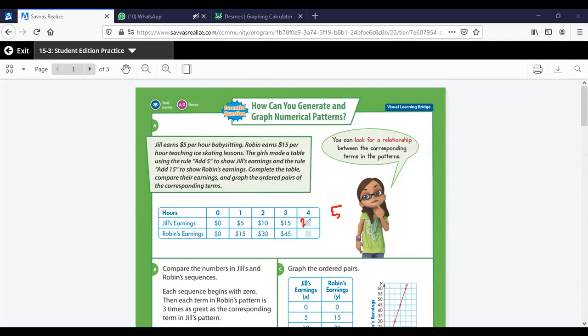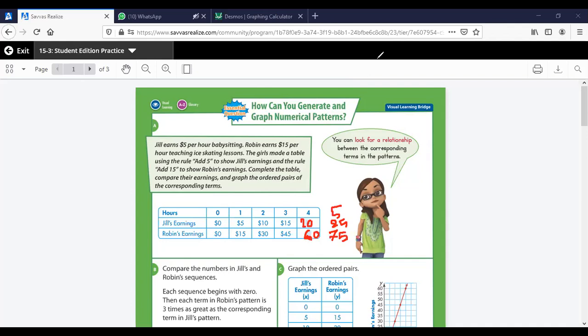So here's the 20, and then she will have 25, right? What about here? 60. And then add 15. 75. You add 15. You see that, guys?